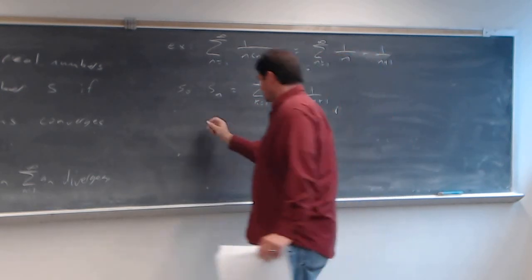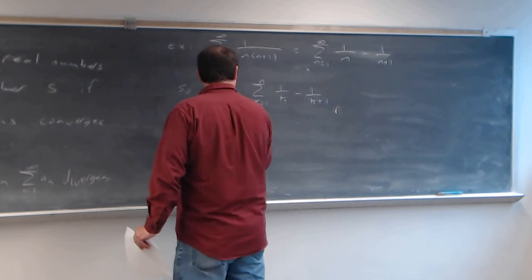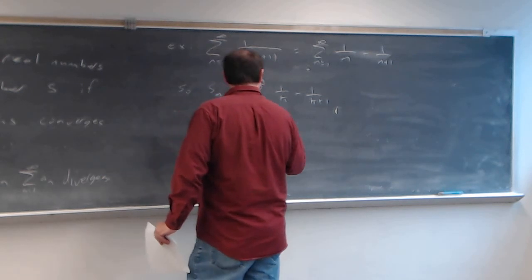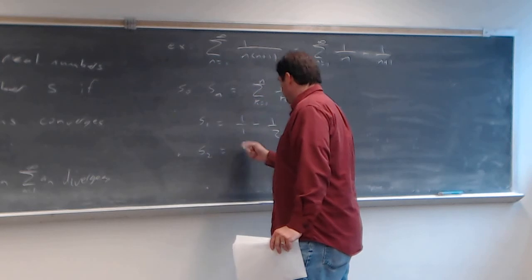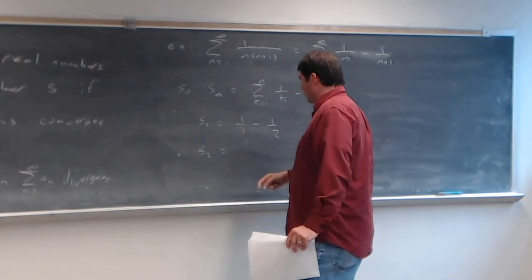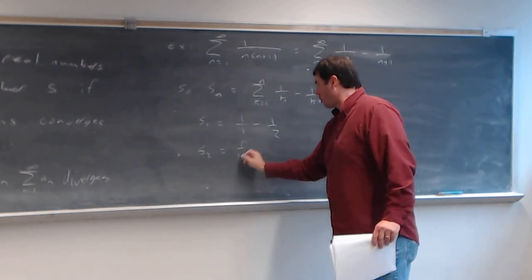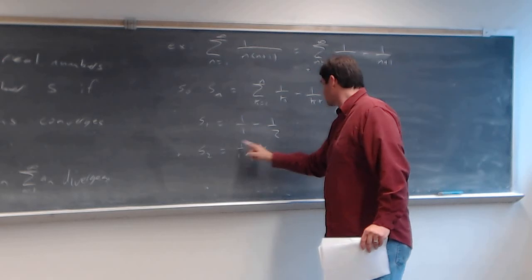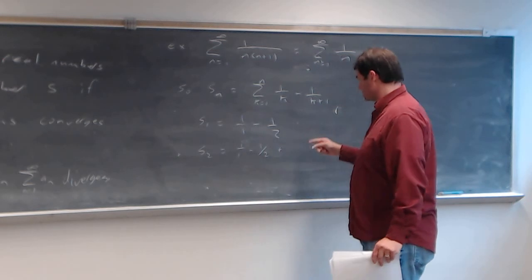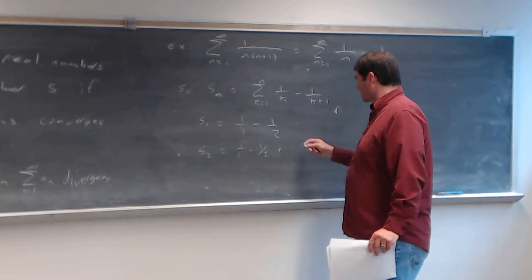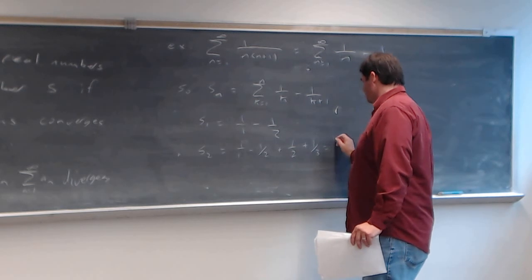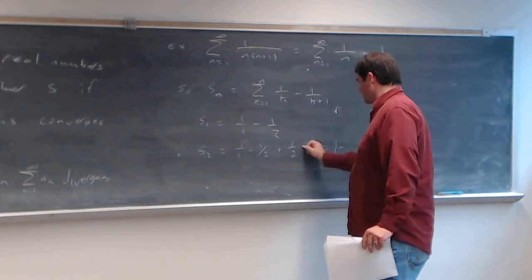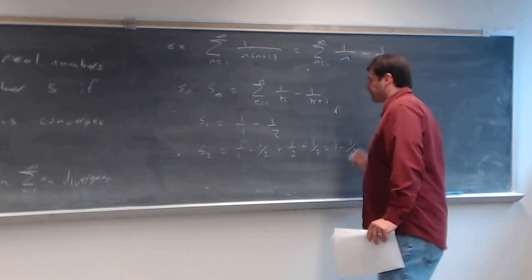Now, s of 1 will be equal to 1 over 1 minus 1 over 2. S of 2 will be what I get when k runs from 1 to 2. That's 1 over 1 minus 1 over 2, and then plus what I get when k is equal to 2. So that'd be 1 over 2 minus 1 over 3, which equals 1 minus 1 over 3.